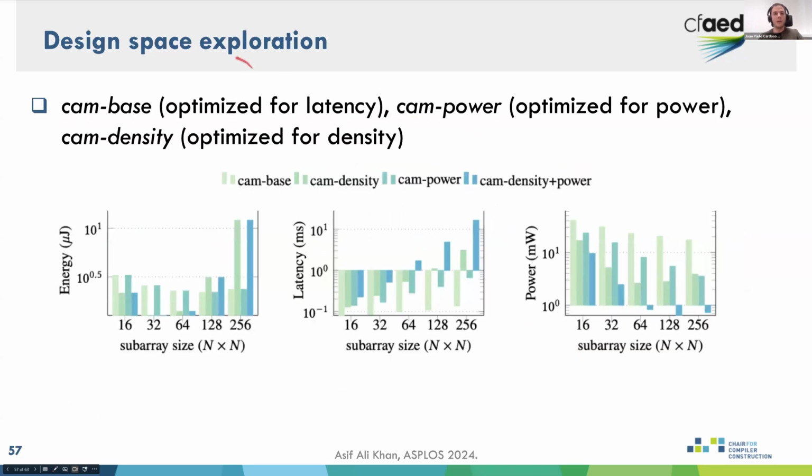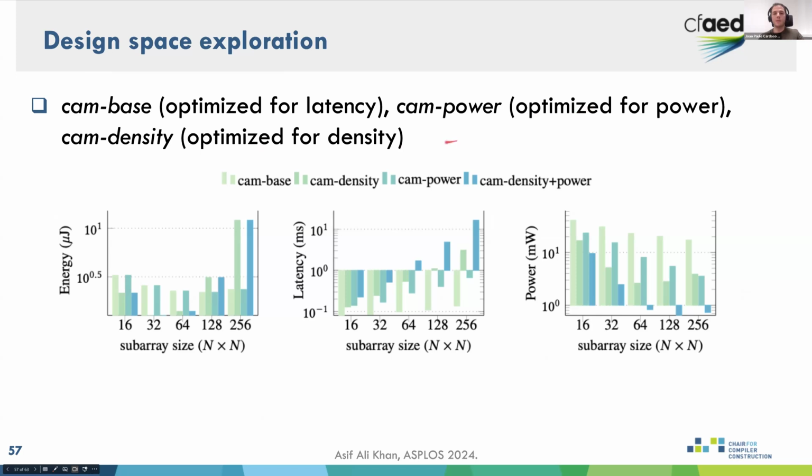But C4CAM can be used not only for compilation, but also for some design exploration. That's another feature that we added to it. So the CAM base compilation flow for optimizing latency can also be switched to optimize for power or for density.